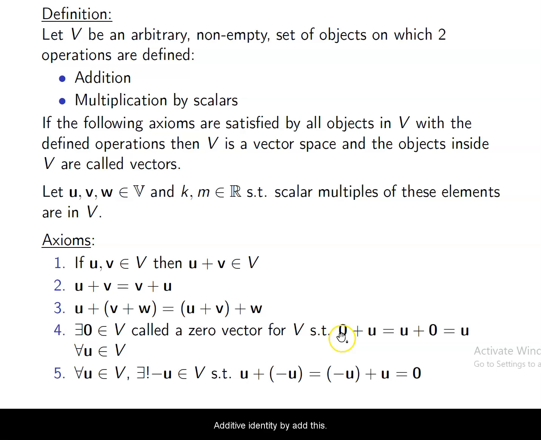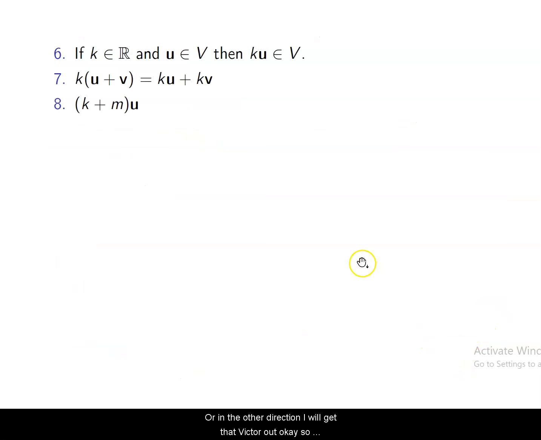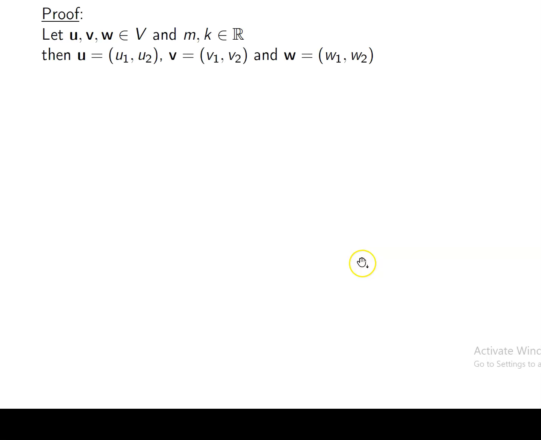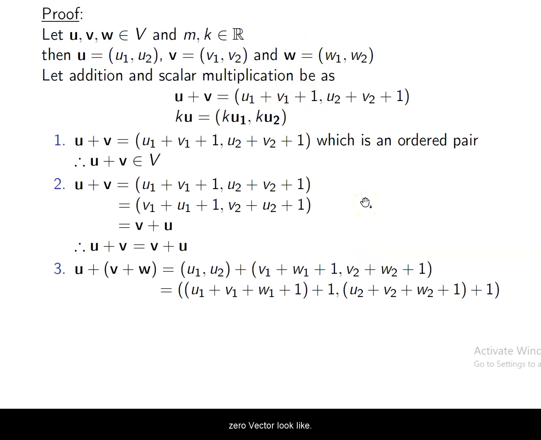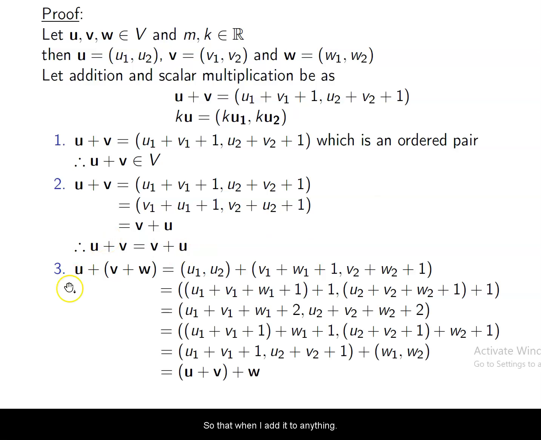If I add this vector to any vector or in the other direction, I will get that vector out. Okay, so remember, we are adding things by adding a 1 to the end. So what should my 0 vector look like so that when I add it to anything under this property of addition, right, this definition, I will always get out u1, u2.